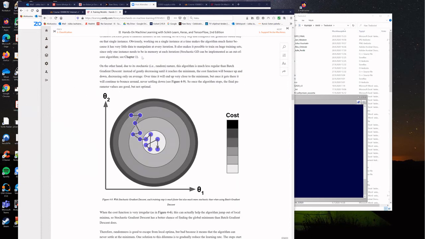It's very fast, and it can train huge data sets. But it usually finds the minimum here in the center of this image only with some accuracy, and it doesn't stop automatically. Once the algorithm stops, the final parameters are good but not optimal.